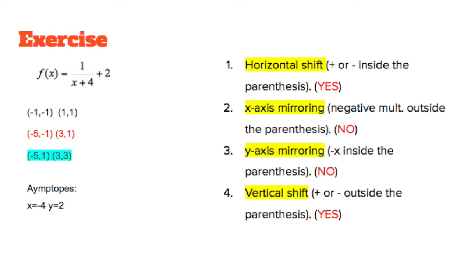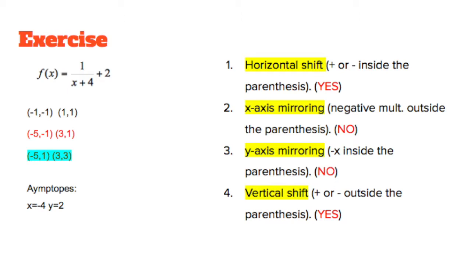First, we have to see if there is any subtraction or addition inside the parentheses, and well, in this function that's the case. So we will have a horizontal shift, and so it's plus 4, so you have to subtract 4 from the x coordinate, so that means that you will have to move the graph to the left.